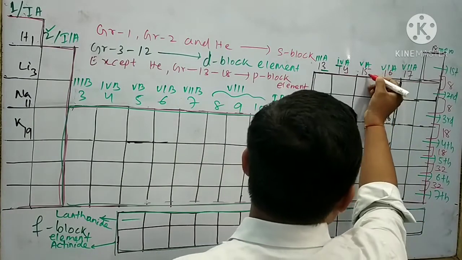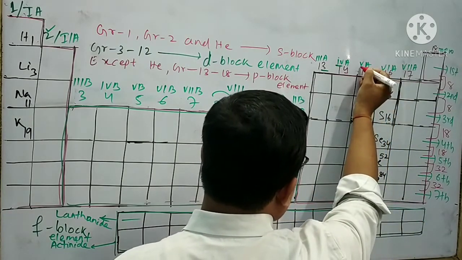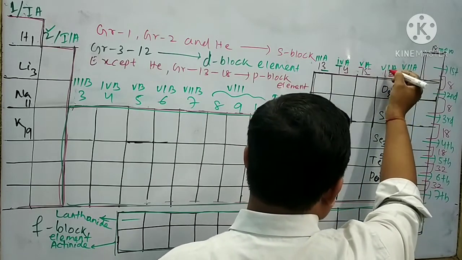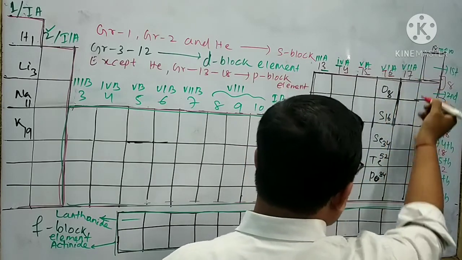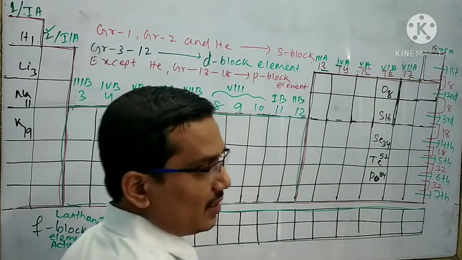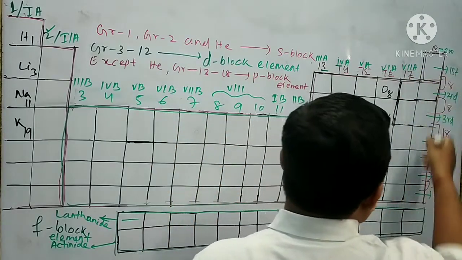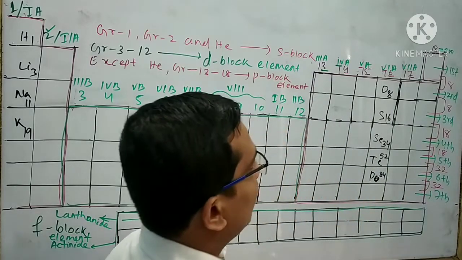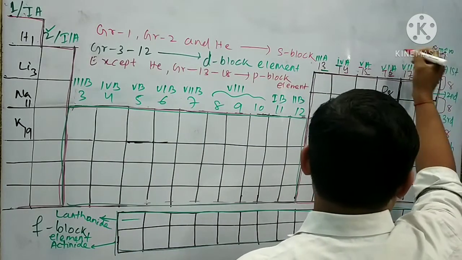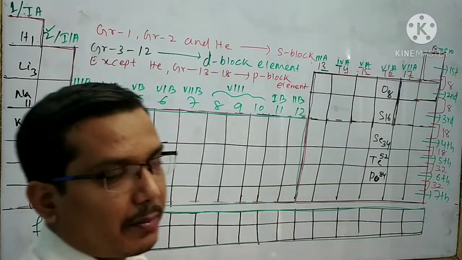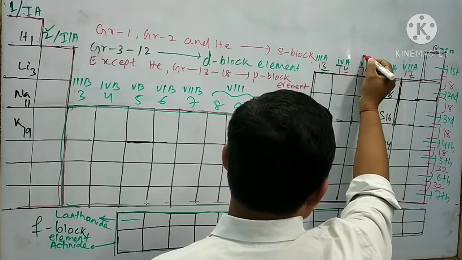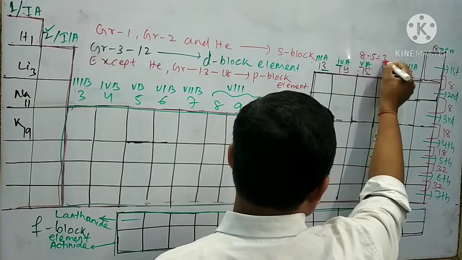Look at that. Here 5 is written, here also V is written. Here 6 is written, here also VI is written. Here 7 is written, here also VII is written. This group is also called VIIIA. Here 8 is written, so we think about VIII. Here 5 is written, now think about 8 minus 5, that is your 3.